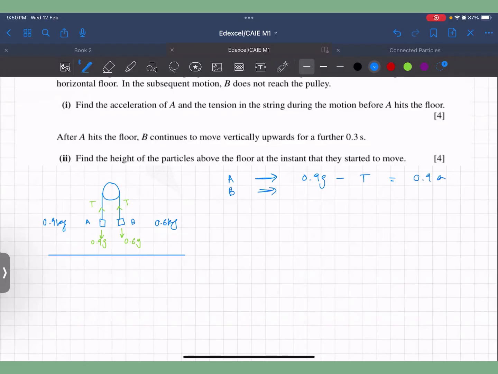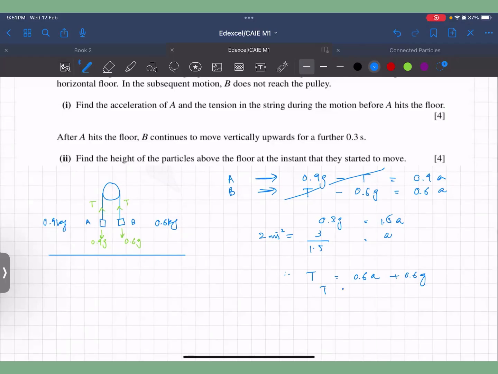For B, tension minus 0.6 G equals 0.6 A. Add both equations, and the tension cancels out. 0.9 G minus 0.6 G equals 0.3 G equals 1.5 A. So A comes out as 3 over 1.5, which equals 2 meters per second squared. This is the acceleration. And to find the tension, T equals 0.6 times A plus 0.6 G.